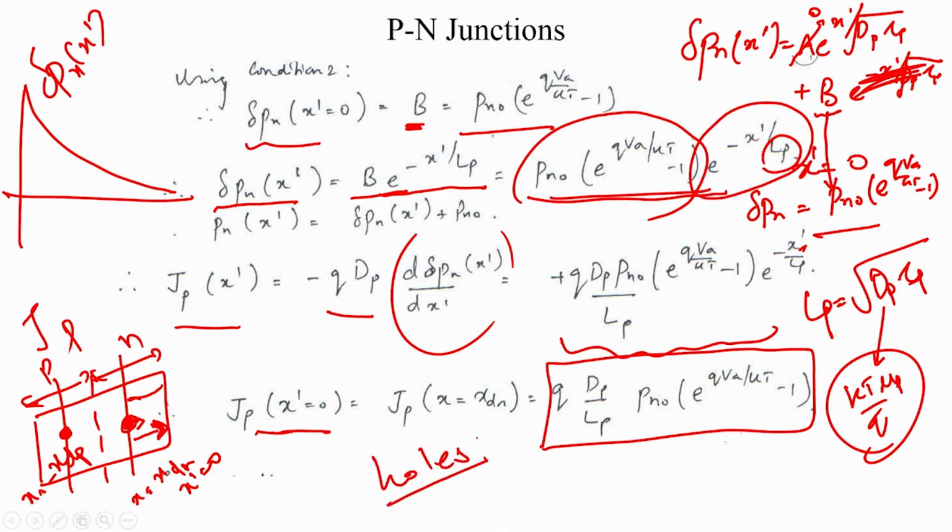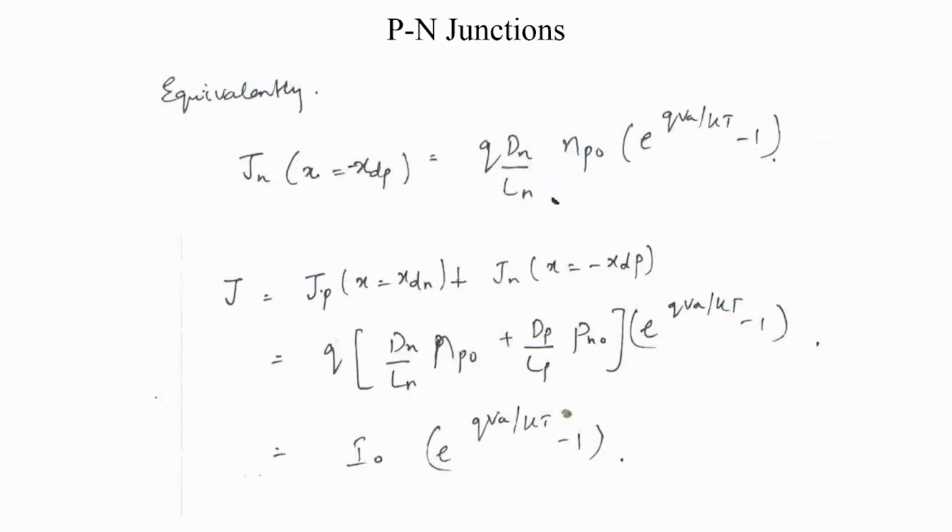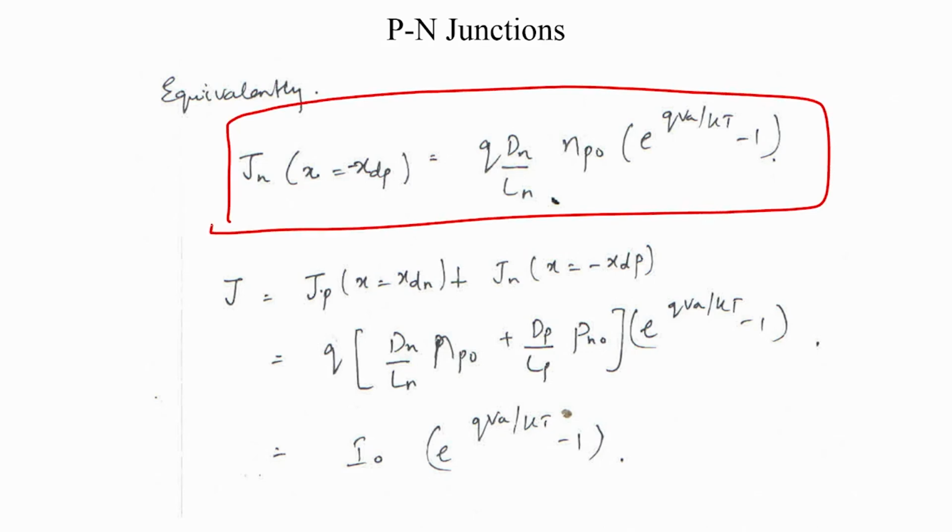We have still not done anything with regards to electrons, but the electrons follow an exact same process, and it is easy to calculate the electron current on the p side as well. So, once again you solve the continuity equation to calculate the injected electrons into the p side, you find this profile, and then you find your diffusion current due to the electrons, and you will find the diffusion current due to the electrons at the depletion boundary on the p side is given by this expression, very symmetric solutions.